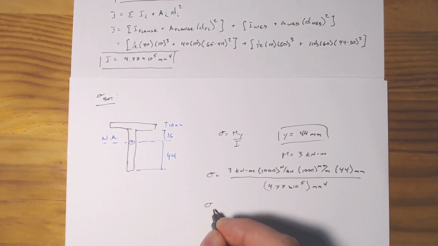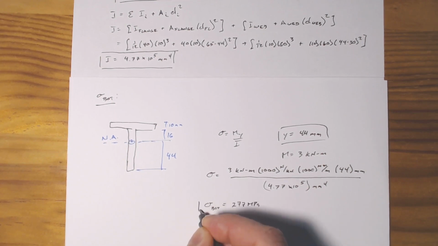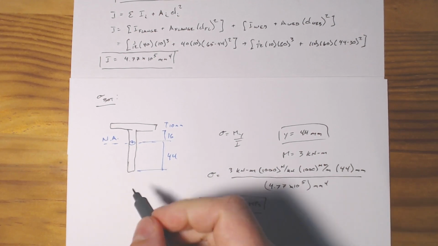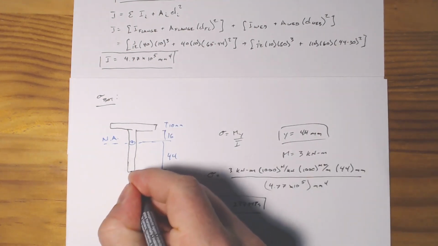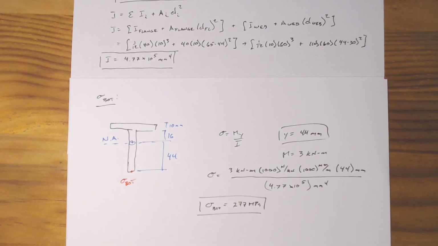So our bending stress at the bottom is simply going to be 277 megapascals. So that's reasonably straightforward. Now what I'll do is I'll just put in a little point of where we're looking. So this will be sigma bottom.